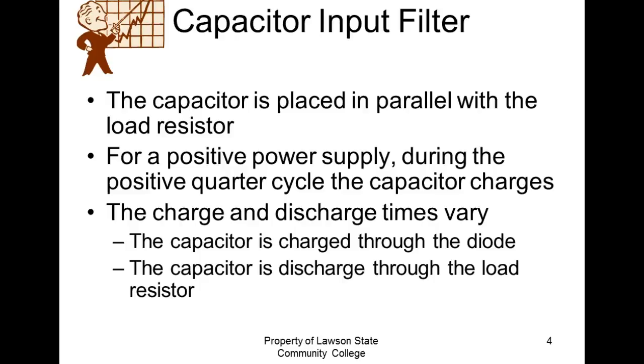So the primary filter in a linear power supply is capacitors. They replace the capacitor in parallel with the load resistor or the output of the power supply. We're using load resistors, but you got to understand we have what we call dedicated power supplies that are designed to run something all the time, and then we have power supplies where we can hook our own loads up to them, right?